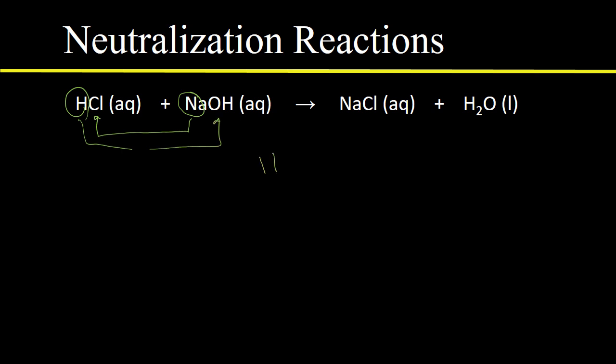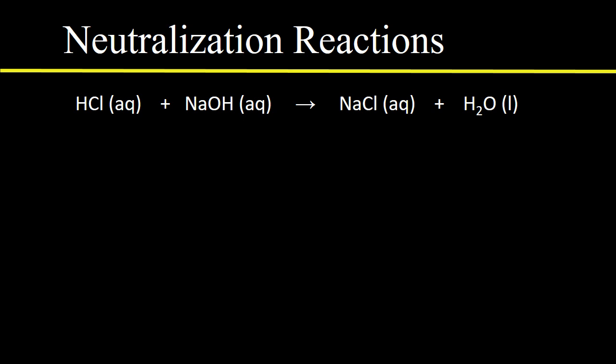Because if you take a hydrogen and you connect it to a hydroxide, you get H2O, and that's what we have over there. So if you're trying to figure out the products, you can think of this as just a simple double displacement reaction, because essentially that really is what it is.